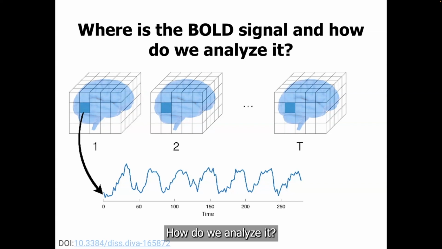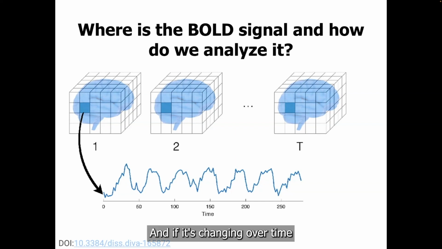How do we analyze it? Well, in the simplest form, really what we want to do is look at the same voxel across all those time points, 1, 2, all the way to the end of our time period in the scanner, and we're just going to plot out that bold signal. How much signal do we get? And again, it doesn't have a value necessarily like oxygen perfusion or anything like that, but what it does have is we can plot it out in that voxel against itself to see what's happening to that signal over time, okay?